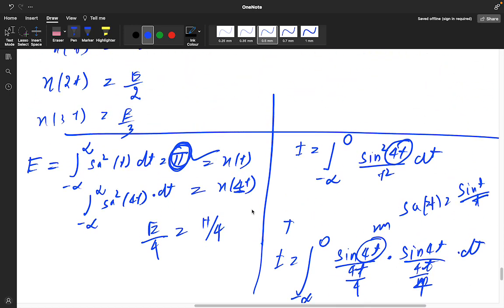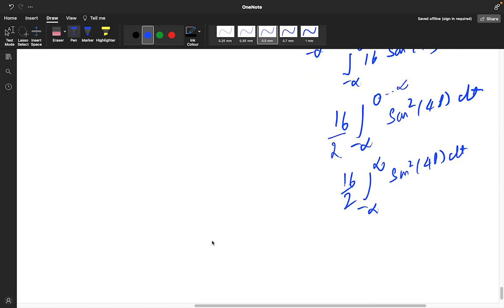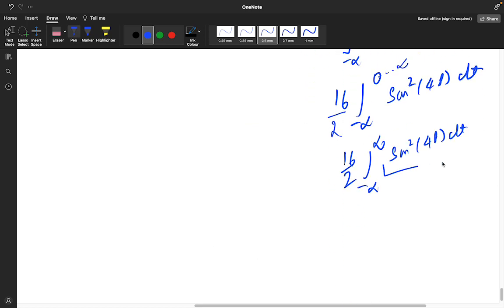And from this property we can write energy by 4. So this becomes 16 by 2, energy of the sampling signal by 4 because of the scaling factor. Energy of the sampling is pi. So we are getting 2 pi.